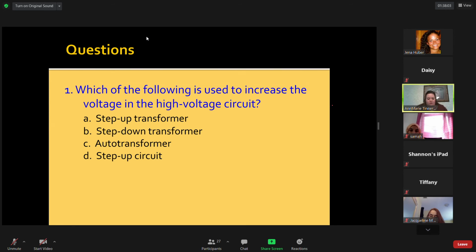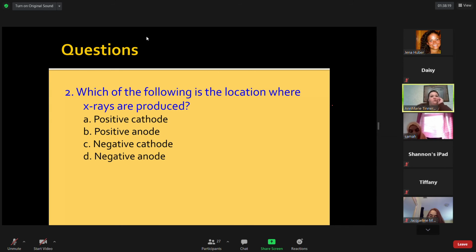All right, so a couple of questions for the end of the chapter. Which of the following is used to increase voltage in the high voltage circuit? Step up transformer, A, very good. Number 2, which of the following is the location where X-rays are produced?